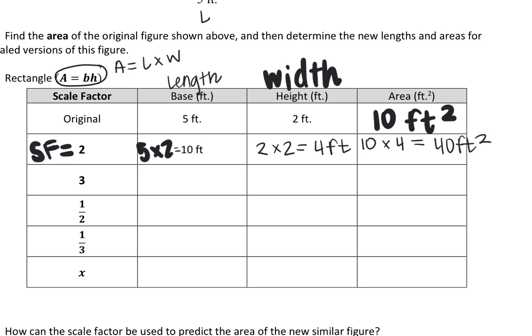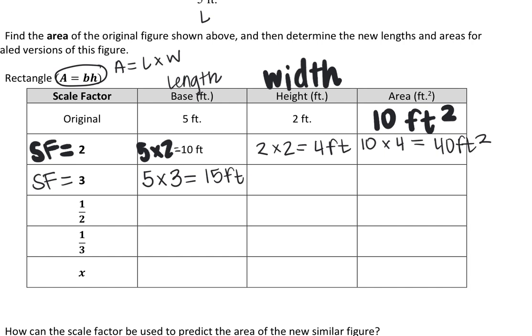Okay, so what if I were to make this 3 times bigger? So what if the scale factor is 3 now? Well, my original is 5, right? And I'm going to multiply it by 3. And my length is now going to be 15 feet.